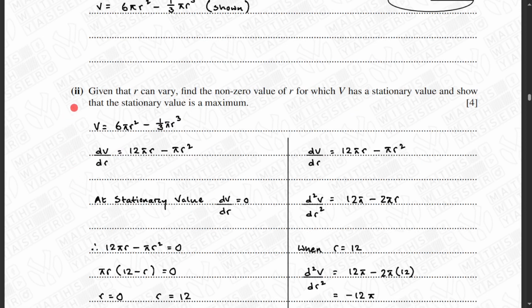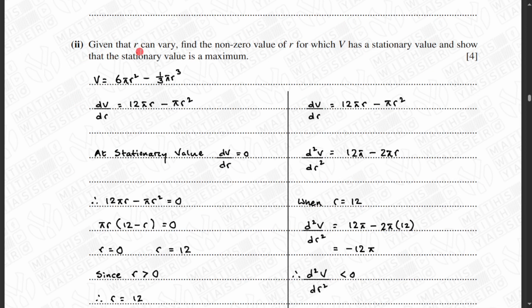For part 2, it says, given that r can vary, find the non-zero value of r for which V has a stationary value and show that the stationary value is a maximum. So we have already proved that V is equal to 6 pi r squared minus 1/3 pi r cubed.